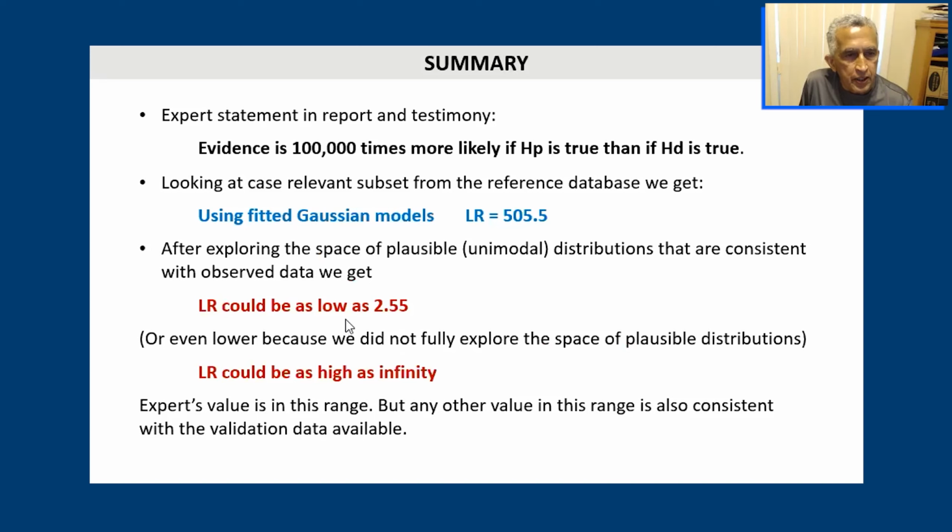What I mean is any value in that range can be supported by available empirical data. Now, expert's value is in the range, but any other value in this range is also consistent with the validation data that's available. And which value you report from that range will impact decision makers.